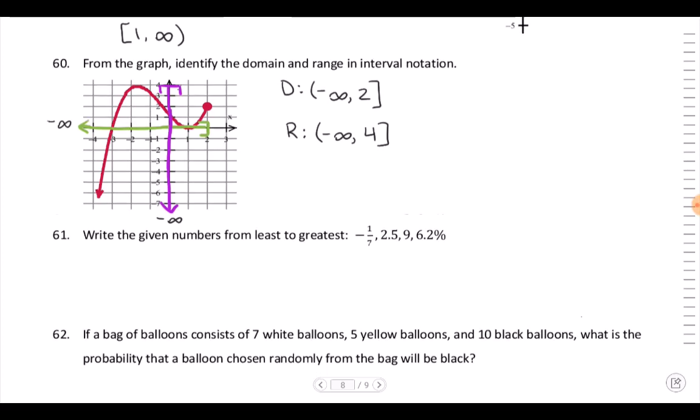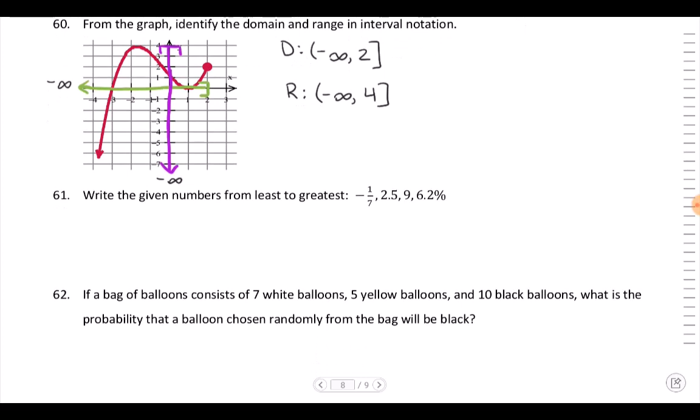Okay, number 61. Write the given numbers from least to greatest. Oh, well, okay. So I've got -1/7 is like the only negative number, so that has to obviously be first. Okay, and then I've got 2.5, 9, and 6.2%.